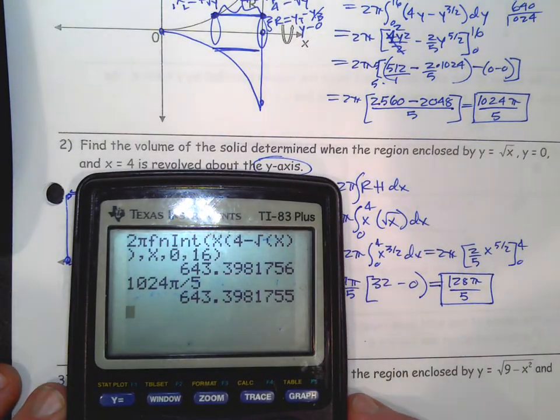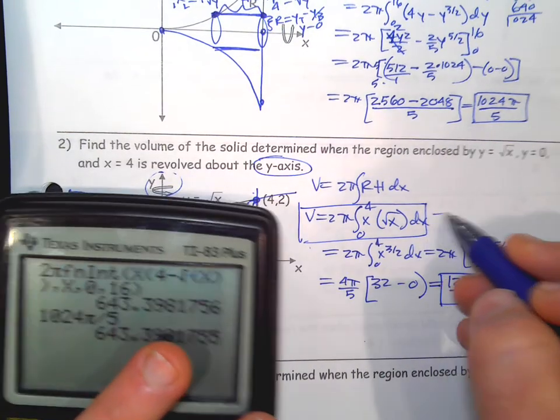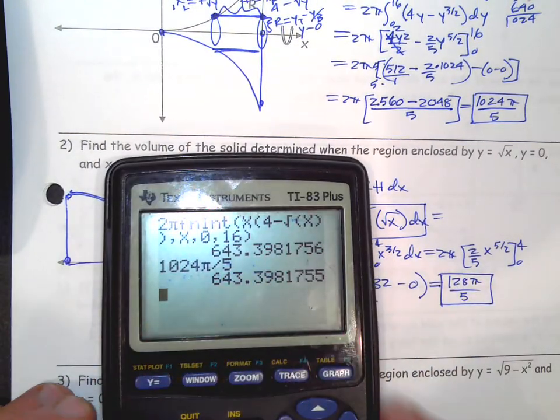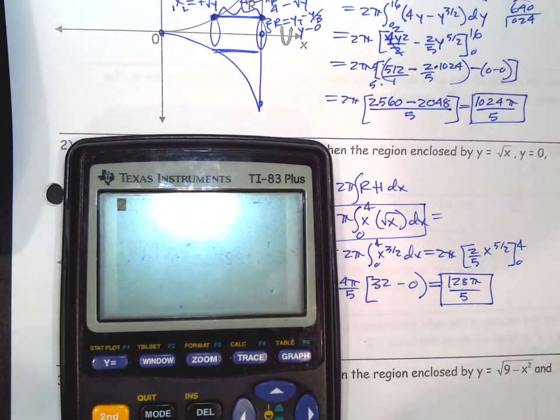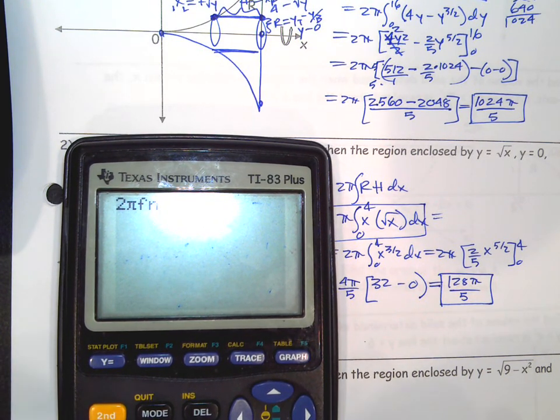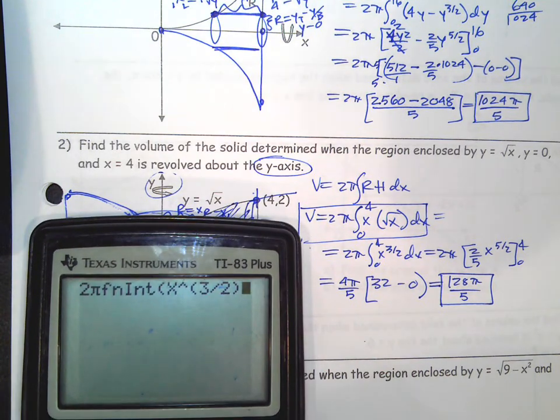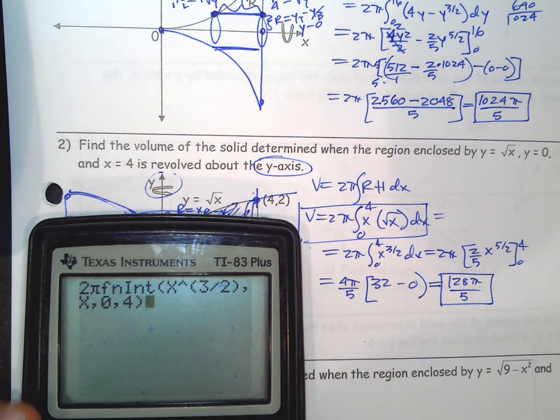dishwashers. We're going to plug this into our calculator, or that version. So this is going to be 2 pi, math 9, x to the 3 halves. Now, if we're going to do that, you got to put 3 halves in parentheses, or just write 1.5, comma x, comma 0, comma 4.